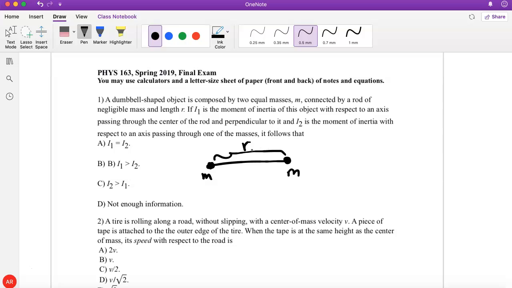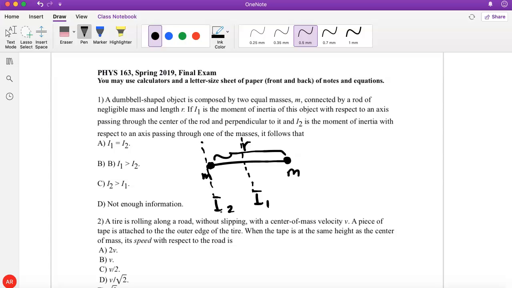Okay. Now, if I1 is the moment of inertia of this object with respect to an axis passing through the center of the rod and perpendicular to it, and I2 is the moment of inertia with respect to an axis passing through one of the masses over here. So let's say I have I1 around this axis, I2 around that axis.